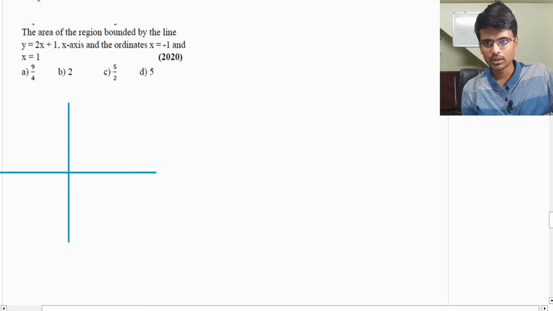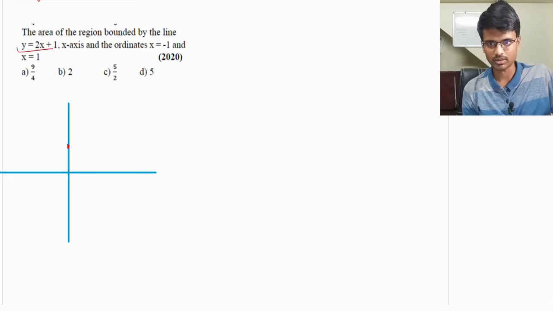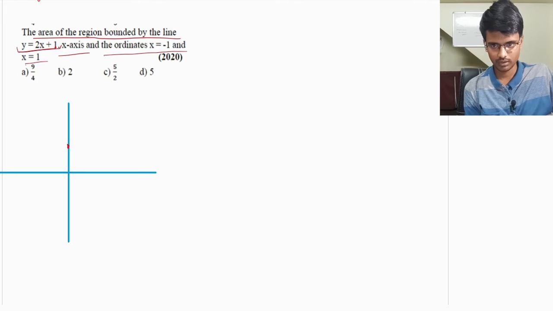Okay, so y equal to 2x plus 1. Where will y equal to 2x plus 1 be? They are asking us the area of the region bounded by the line y equal to 2x plus 1, the x-axis and the ordinates x equal to -1 and x equal to 1. So it is something like this.